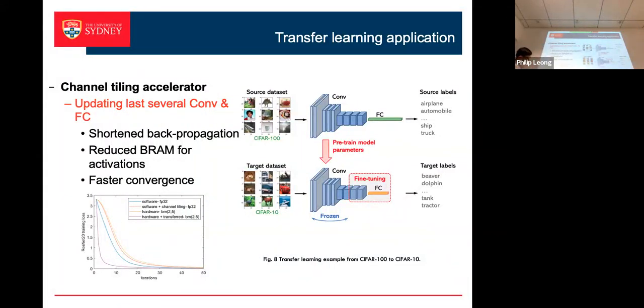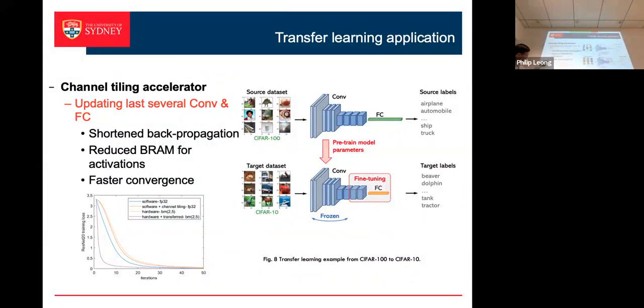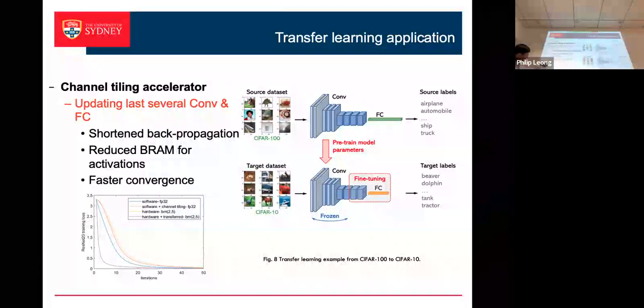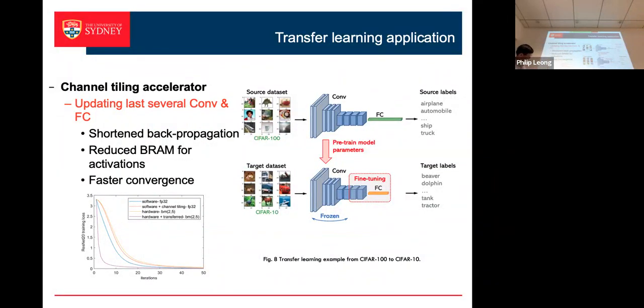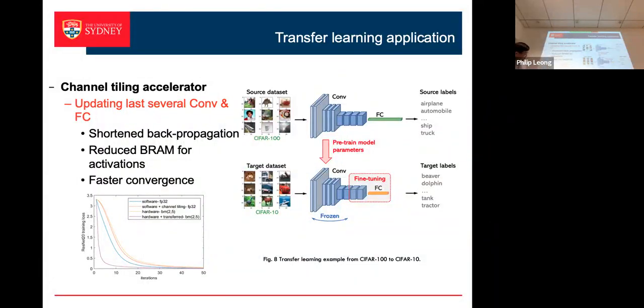And here is the convergence: iterations or epochs versus the loss. If we do training from scratch in FP32, we get this blue line here. And if we do it with our transfer learning one, we get this, which actually converges to the same loss as the software. But because we're doing transfer learning, we do it much faster.